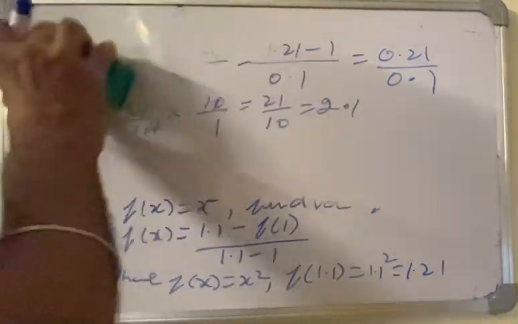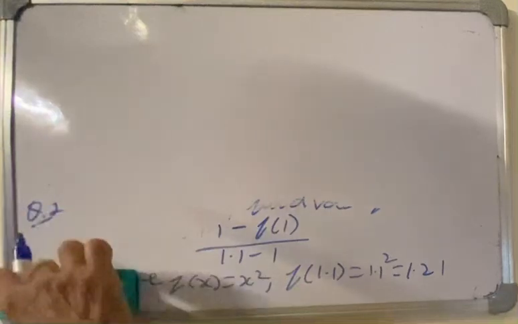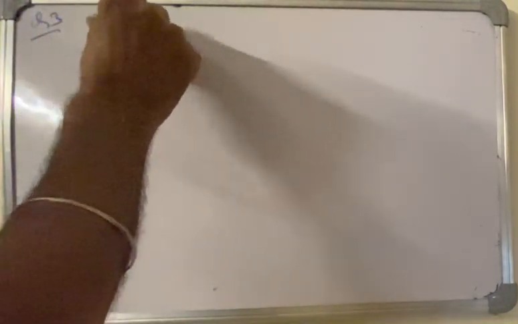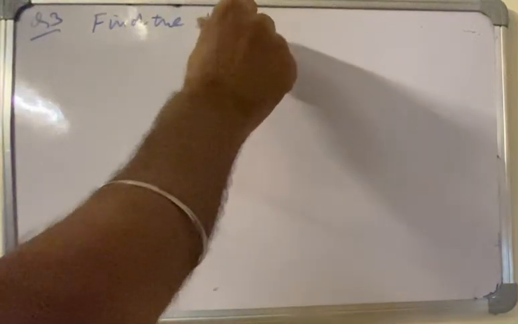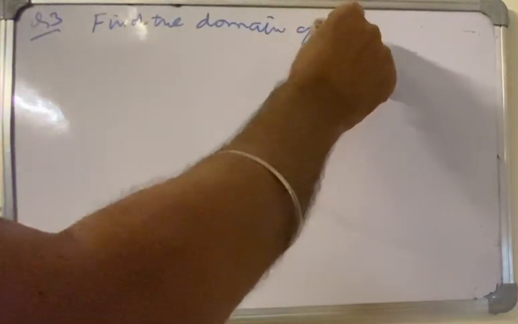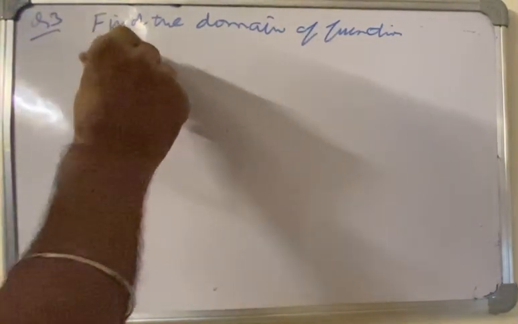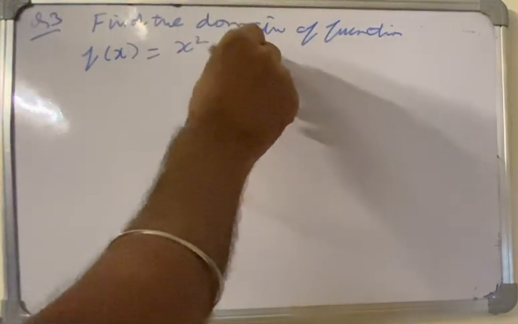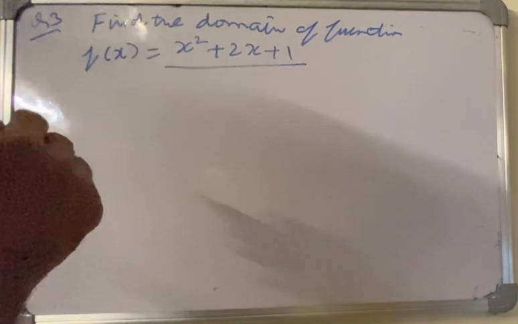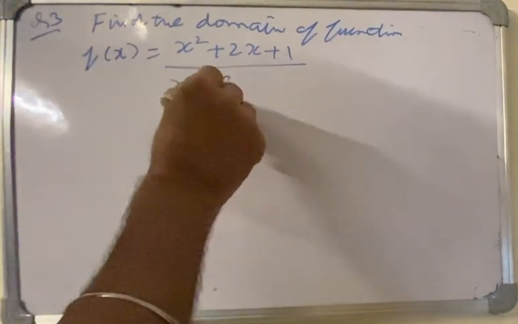Third question. We have: find the domain of the function f(x) is equal to (x squared plus 2x plus 1) over (x squared minus 8x plus 12).